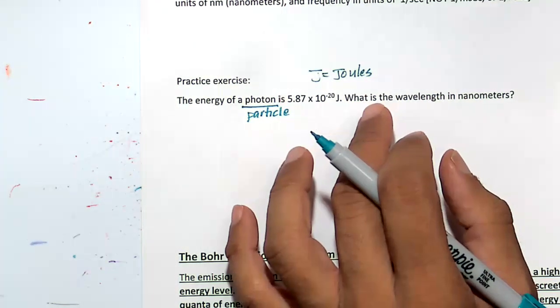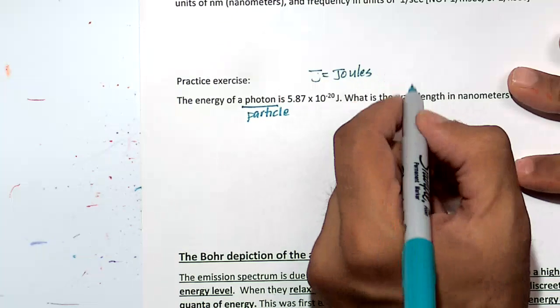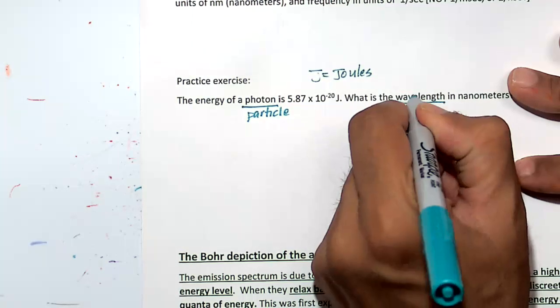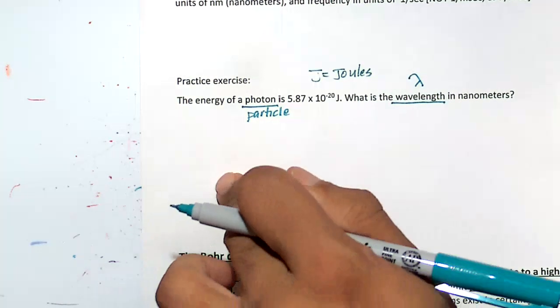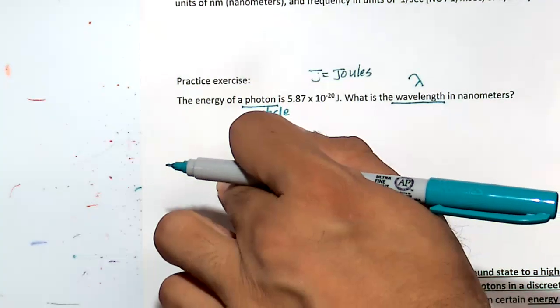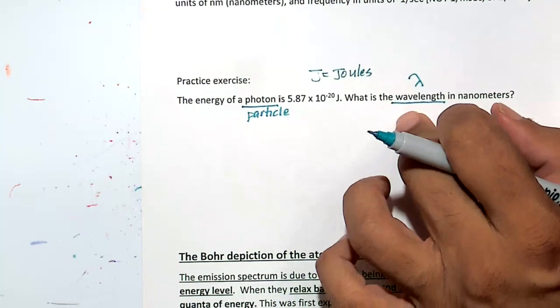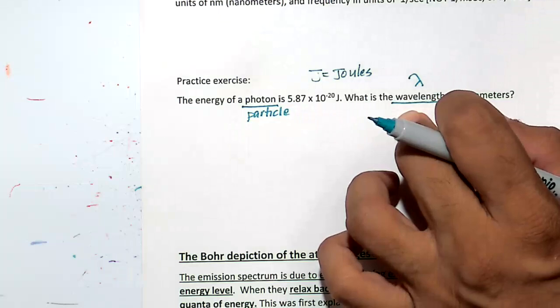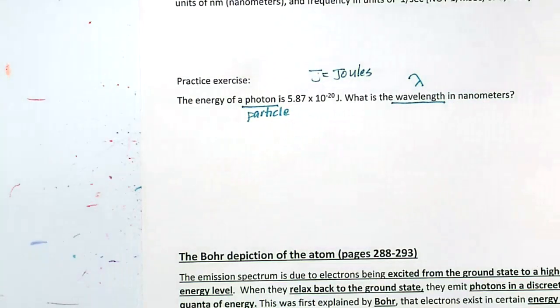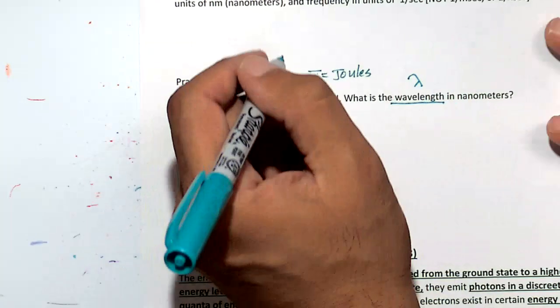What are we being asked to solve? Wavelength. Wait a minute, how can you solve for the wavelength? Wavelength is waves, is it not? But a photon is a particle. So that's the wave-particle duality.